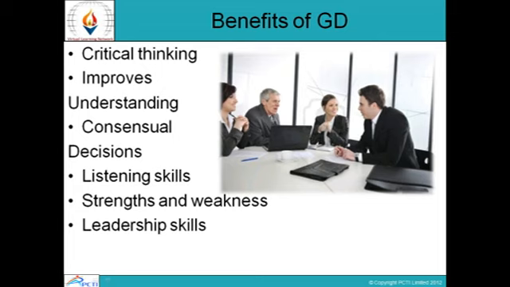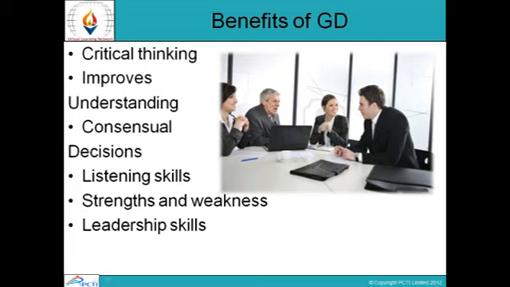It also checks one's listening skills, meaning how patient people are to hear and listen to what others are saying. It also promotes self-awareness, meaning how aware they are about their strengths as well as their weaknesses.